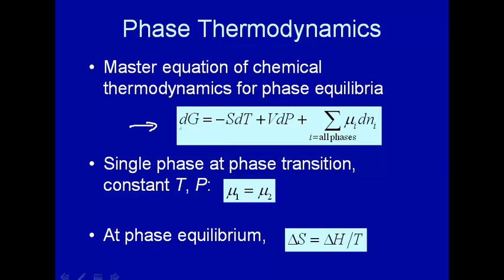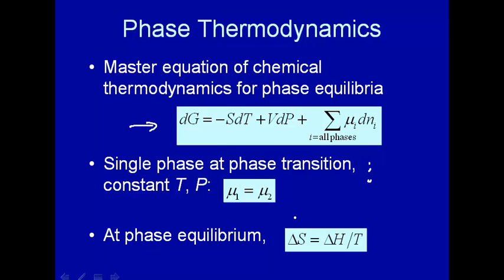Let's apply this to phase equilibrium. And in fact, we did that. So we said that if you just have two components, in this case, it's a single pure substance, but the two components are the components in two different phases. This means that the chemical potential of that pure substance in phase 1 is equal to the chemical potential in phase 2 when you have phase equilibrium at constant temperature and pressure.